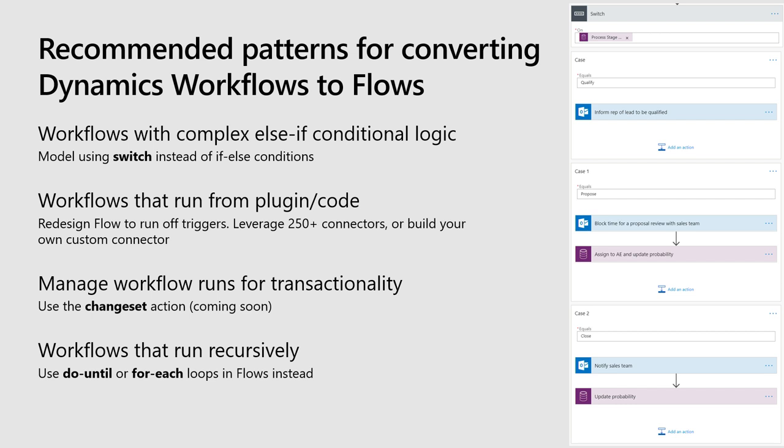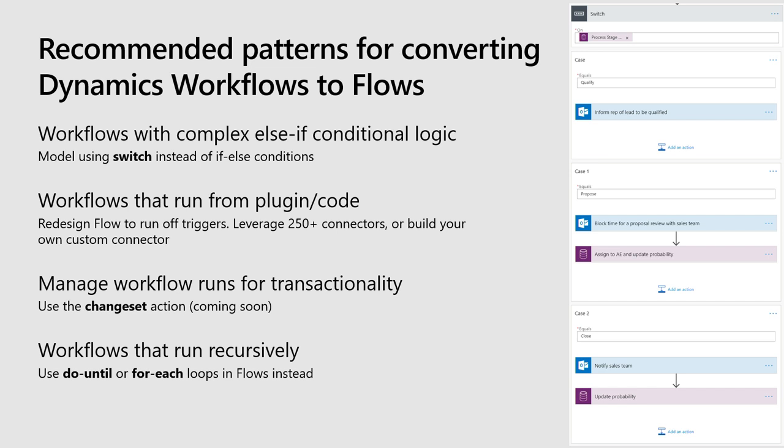Switch statements are really simple. You simply specify a data field that you want to check, and then you have a bunch of different cases that check what they're equal to. So for instance, let's say I want to perform certain operations like sending an email or assigning a record to somebody else, depending upon the sales stage that my opportunity record is in. Previously, with Dynamics workflows, you would define a series of if-else conditions.